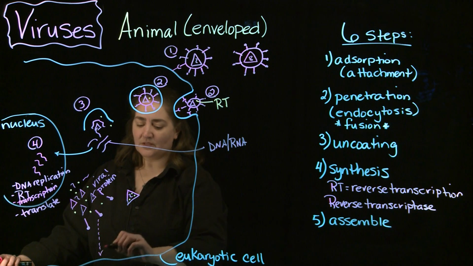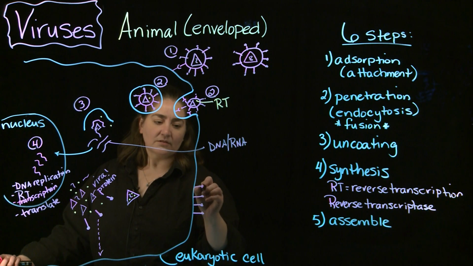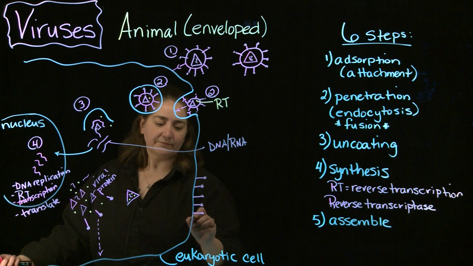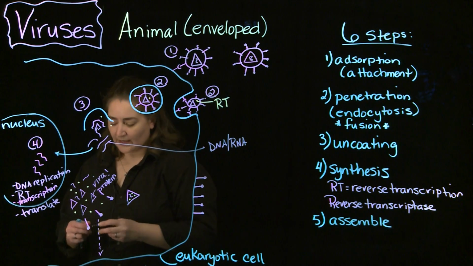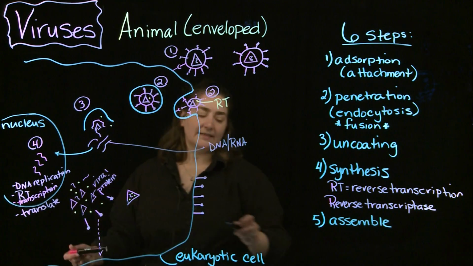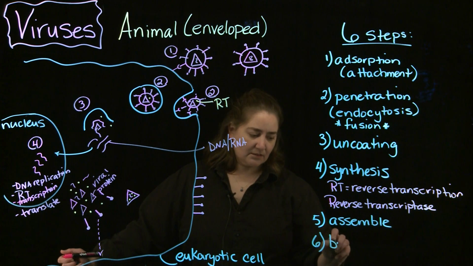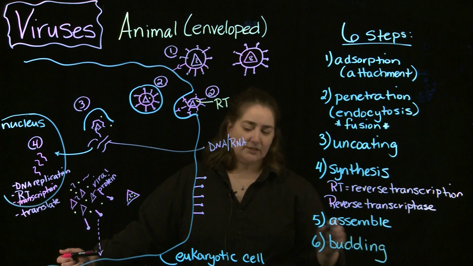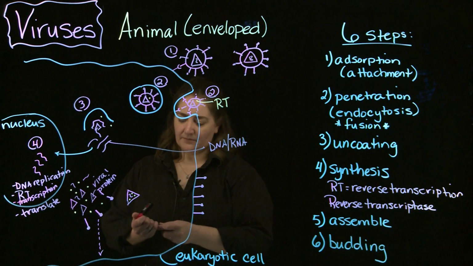The spike proteins actually go and put themselves on the outside of that eukaryotic cell. And where that comes into play and why that needs to happen that way is our enveloped virus is going to bud off of our eukaryotic cell.